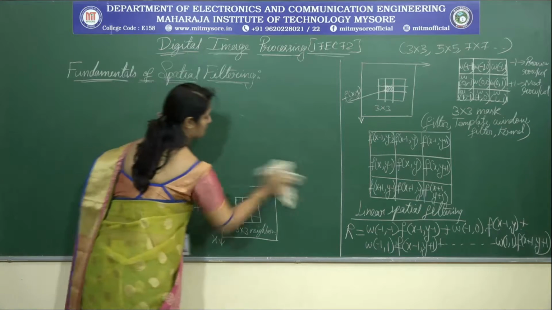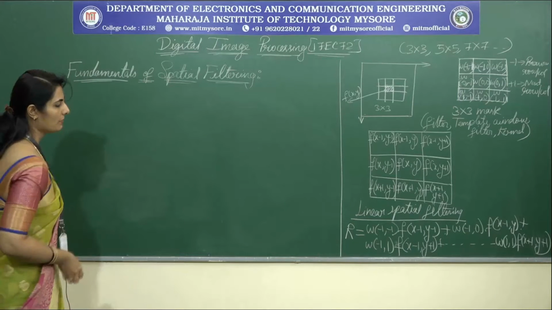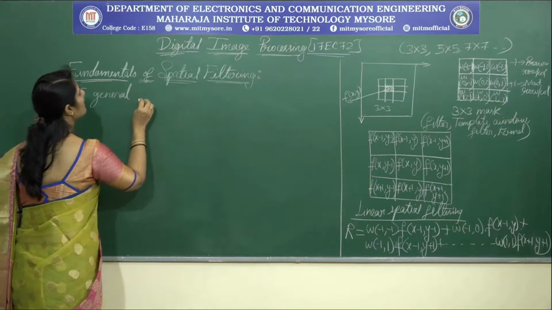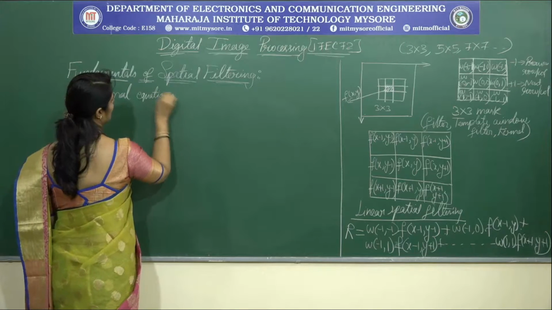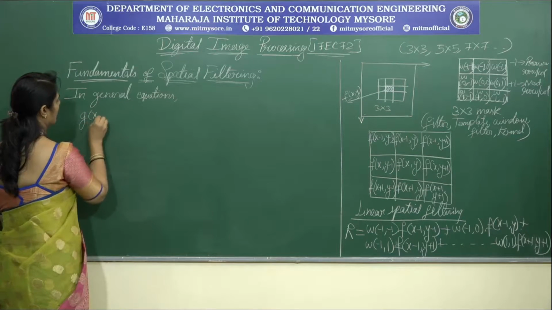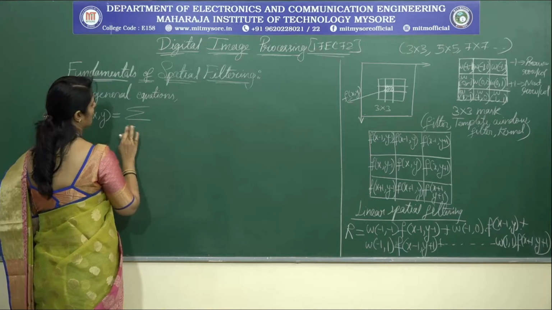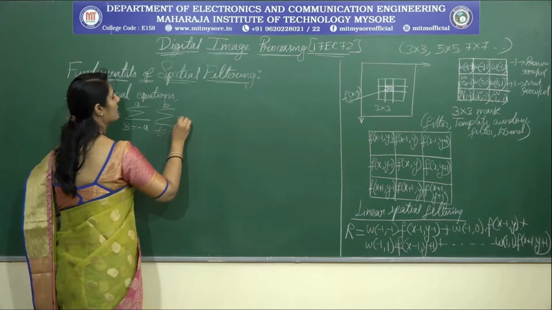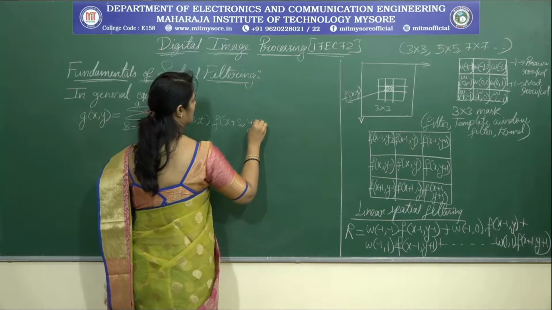I will show that here. The response, which can also be called g of x comma y, is equal to the summation s equals minus a to a, summation t equals minus b to b, w of s comma t and f of x plus s and y plus t.